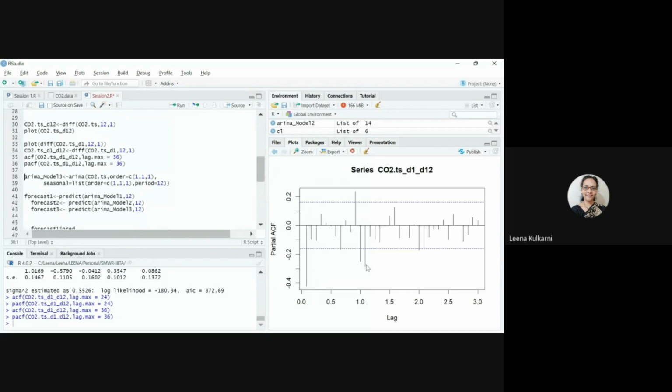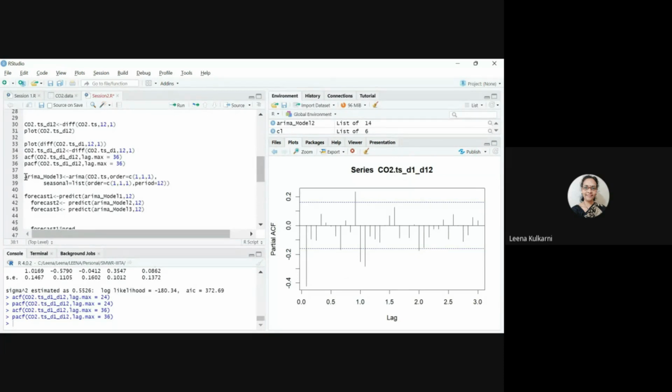Again, there is a significant spike at 11, 12 and 13. Again, you can see there is some spike available at lag 24 also. So this may give rise to different candidate models for different values of Q.